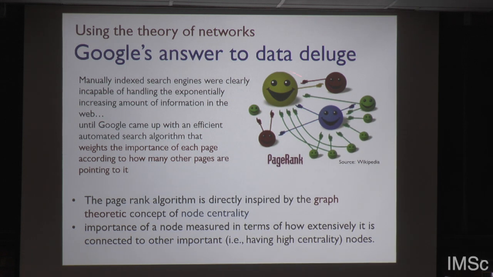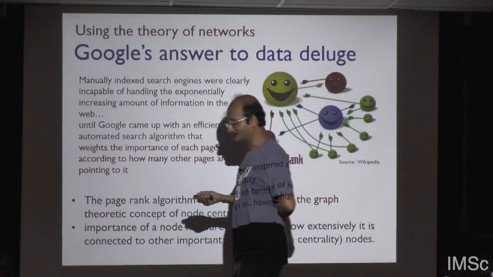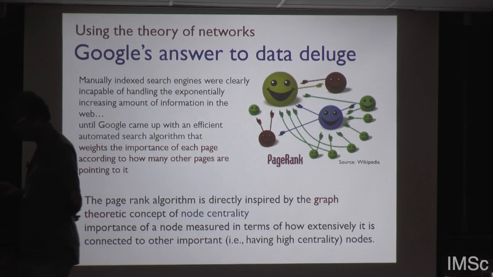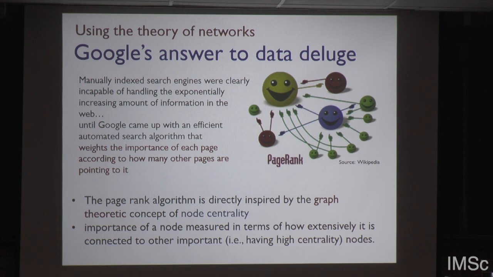So this particular algorithm was in fact motivated by graph theory or network science using this concept of node centrality. Okay? So the concept of centrality of course has many definitions. There are many different types of centrality depending upon how you define it, but the idea is that it's a property which is associated with a particular node. It measures how important it is with respect to the other nodes in the network.